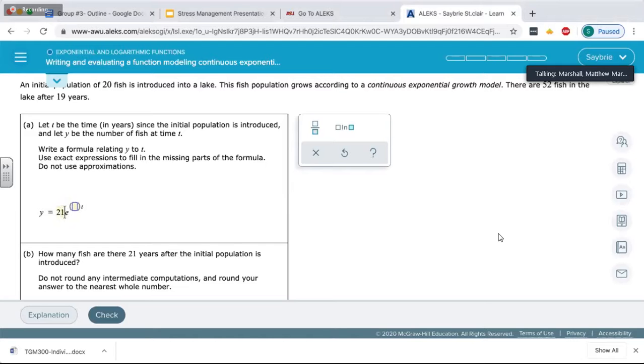20. And then inside there, that's ln 2.6. You gotta do the fraction thing.